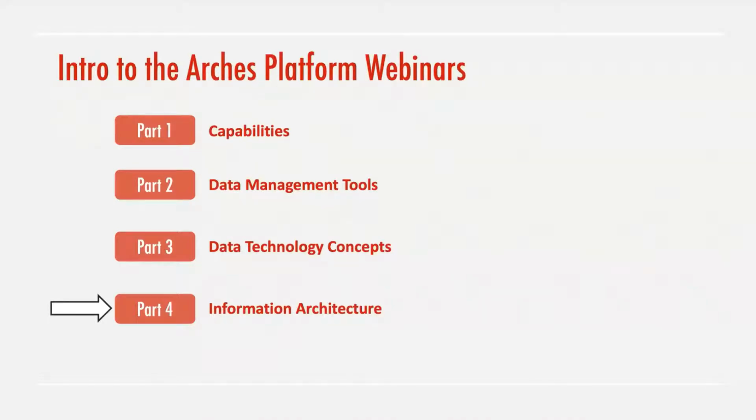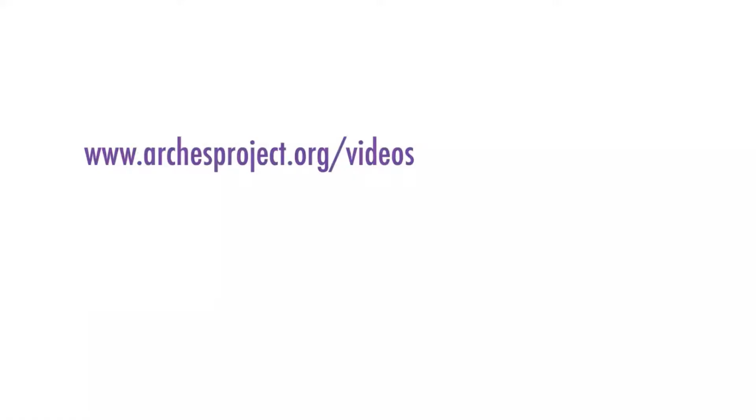Our conversation today will be about the ArcGIS platform, and in particular, the information architecture for ArcGIS. It's the fourth in our Introduction to ArcGIS Platform webinar series. And I'm going to assume that you've had a chance to see the previous webinars, which have been recorded and are available on the arcgisproject.org website.